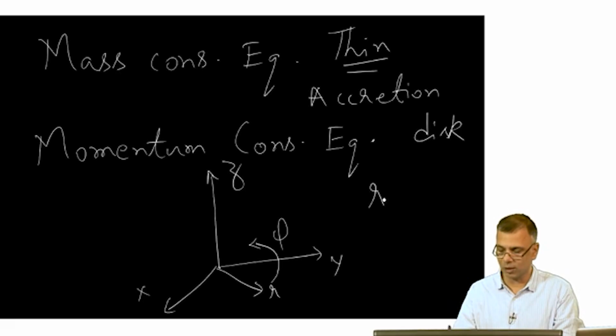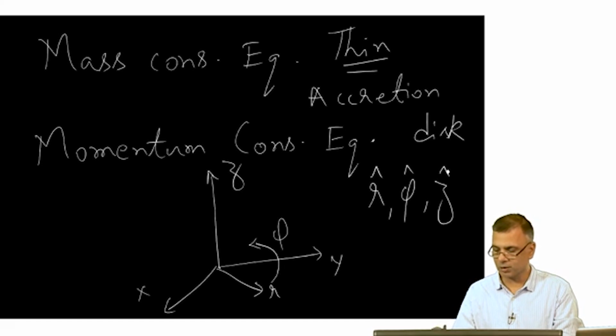So essentially you would have an r hat, phi hat, and z hat. So this is the cylindrical coordinate system.